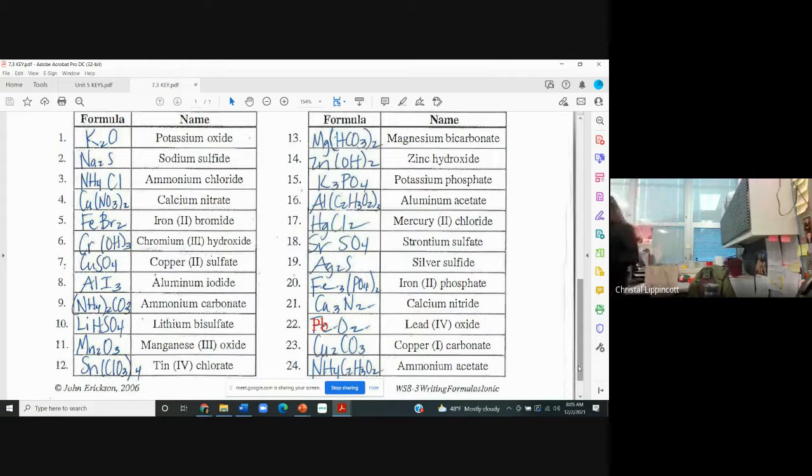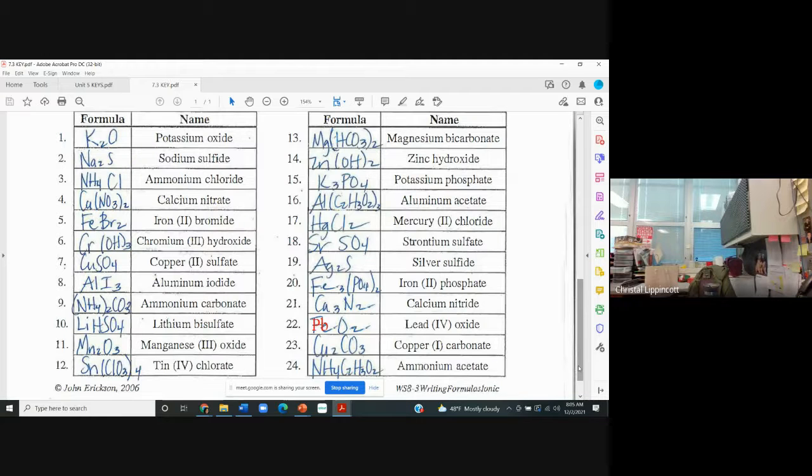I have been messing up the one with the metal and the Roman numeral. Okay. So when you have those, the Roman numeral is going to tell you what charge it is. So this lead, for example, which is the one that I kind of messed up. I didn't have lead written down, I had iron. So lead, they have that as a +4 charge. Okay.